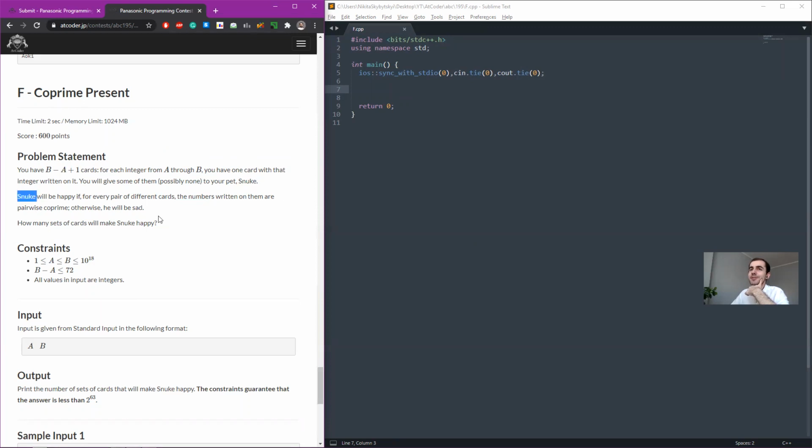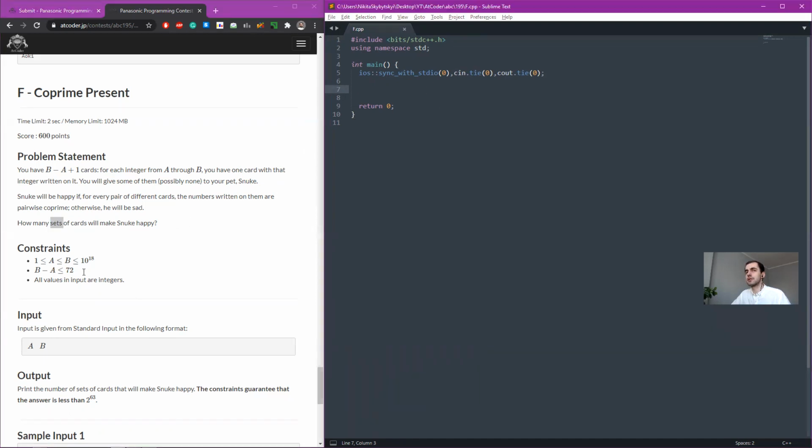Snook will be happy if for every pair of different cards, the numbers written on them are pairwise coprime, otherwise he'll be sad. I'm not going to question how the pet knows which pairs of numbers are coprime and which are not, but yeah. Count the sets of cards that will make Snook happy, that's insane.